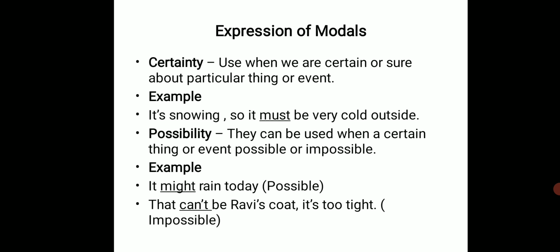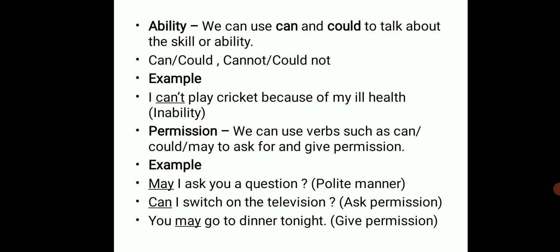Now this shows certainty and possibility, like it might rain today, ಮಳೆ ಬರಬಹುದು ಇವತ್ತು, right? That's how they also express even ability, like I can do it or I could do it.